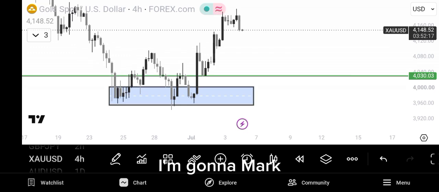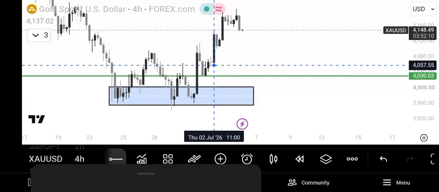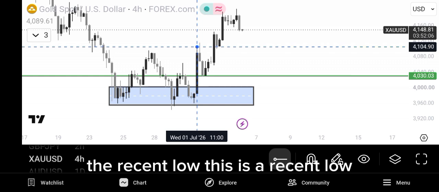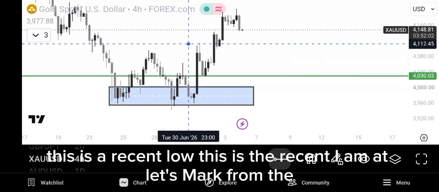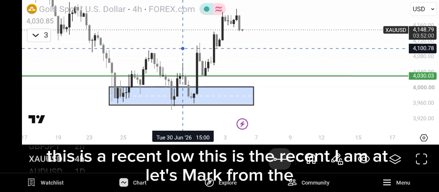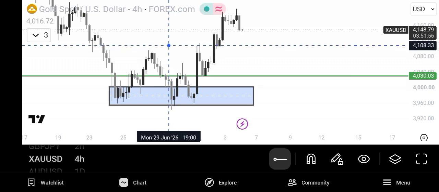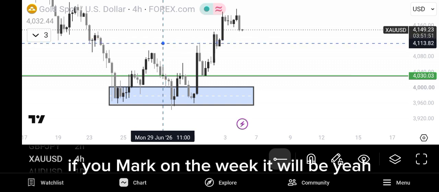I'm going to mark the recent low. This is a recent low. This is a recent low. This is a recent high. Let's mark from the week. If you mark on the week, it will be here.